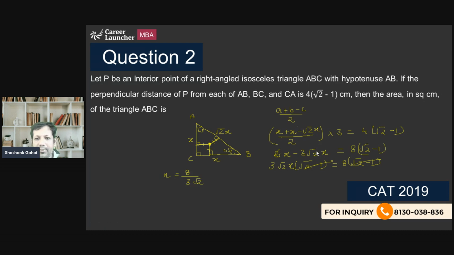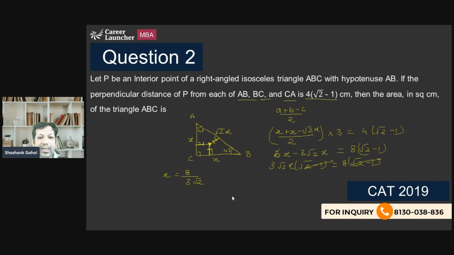Okay, I think I made a mistake over here in reading this question. So it says that the perpendicular distance from P to each of the sides is this. So it is already saying that this length and this length and this length, all three lengths are equal, and all three lengths are equal to 4 times root 2 minus 1. It means this must be the inradius.